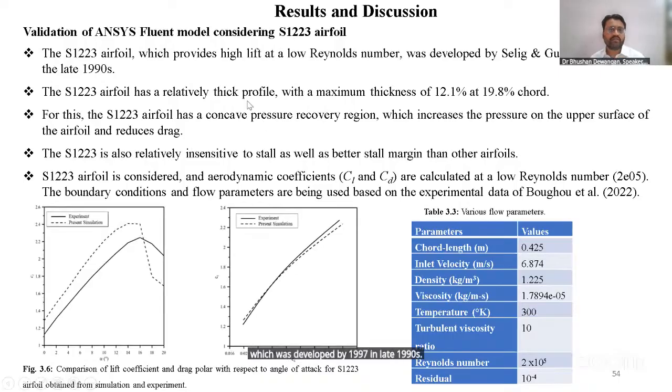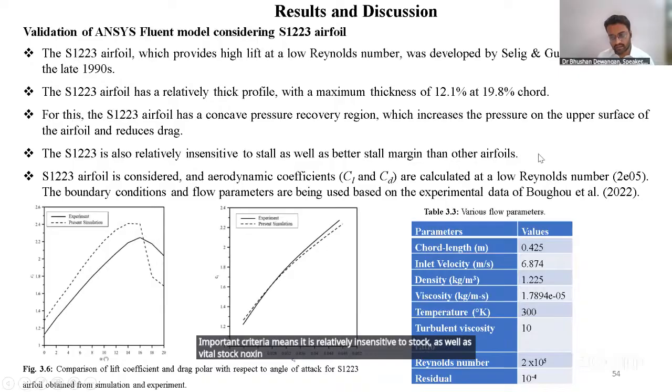It has a relatively thick profile with a maximum thickness of 12.1% and 19.8% camber. We use it because it is relatively insensitive to stall and has better stall behavior than other airfoils.